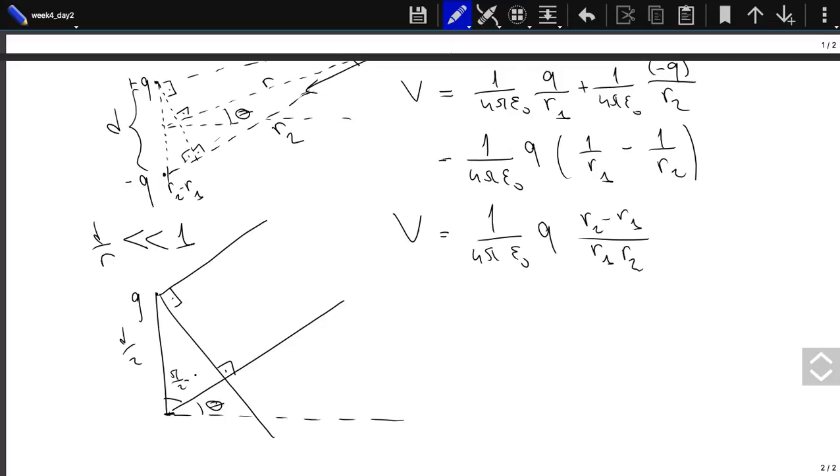This is pi over 2 minus theta, because this horizontal line is perpendicular to this one. This angle is 90 degrees. If this is pi over 2 minus theta, this over here is also theta. Almost.